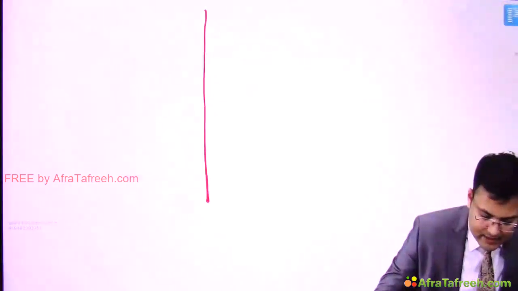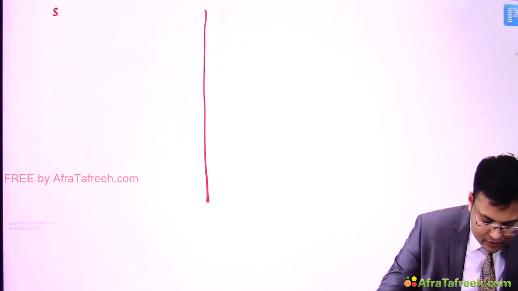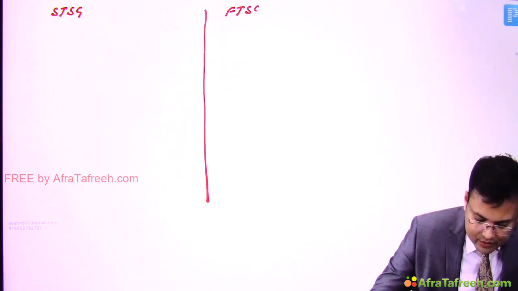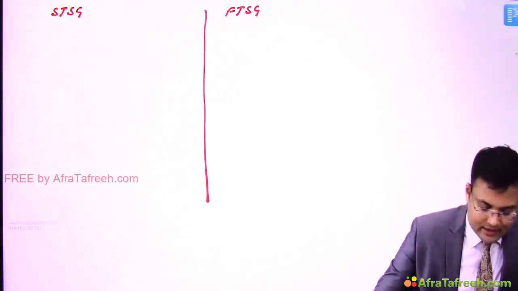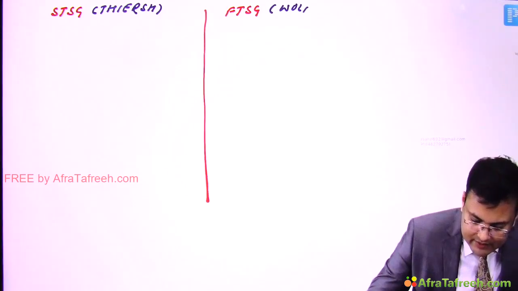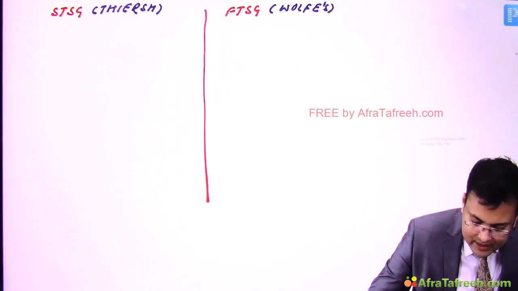So what are the differences between split thickness skin grafting and full thickness skin grafting? First, split thickness skin grafting is known as STSG, and full thickness skin grafting is known as FTSG. The other name of split thickness is Thiersch, and the other name of full thickness skin grafting is Wolfe's. Clear?